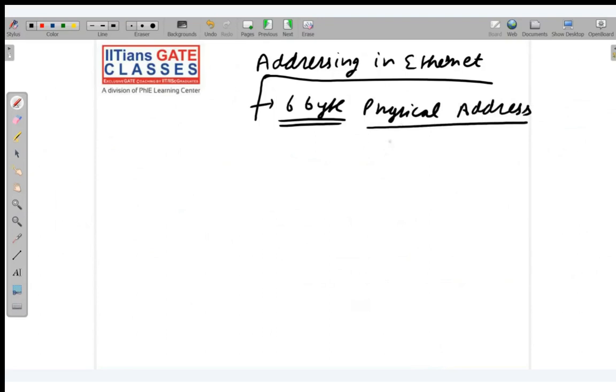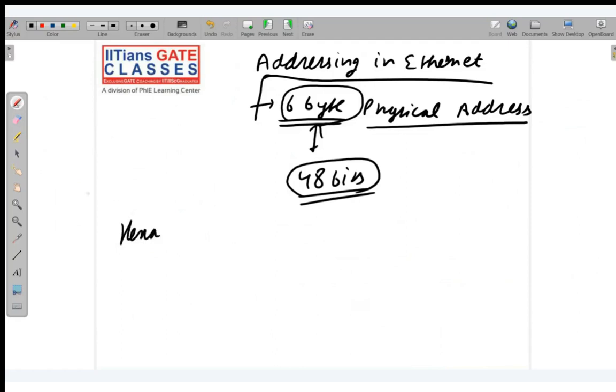And 6 bytes means 48 bits. So Ethernet uses a 48 bit address, or 6 byte address. How is this 6 byte address represented? It is represented in hexadecimal notation.